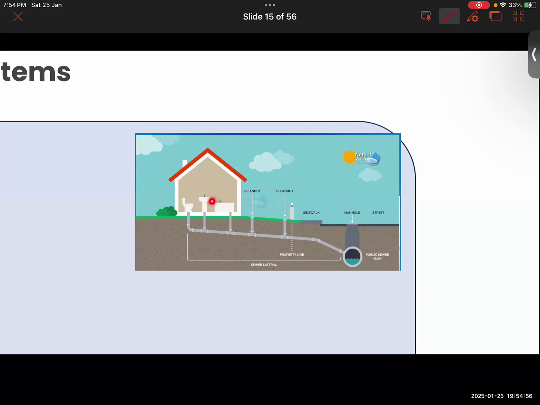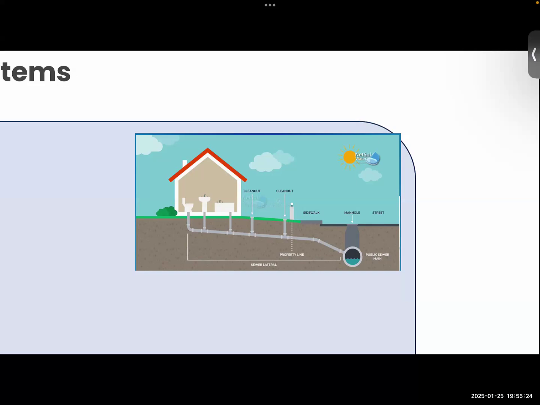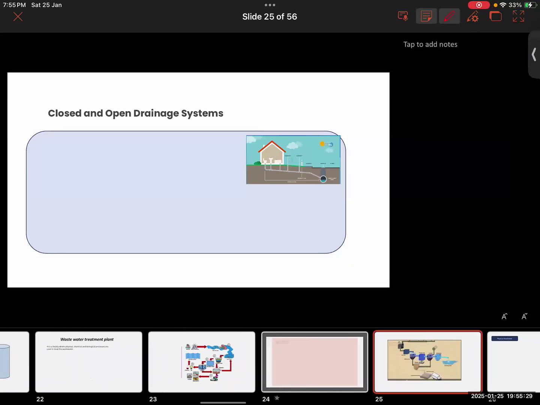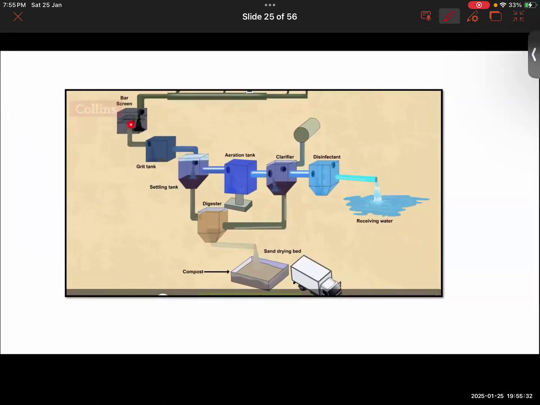Then it is being carried from the source to a place where it will be cleaned, right? Then it goes via these pipes to a wastewater treatment plant like this, where it will go through numerous processes, and in each process it will be cleaned.